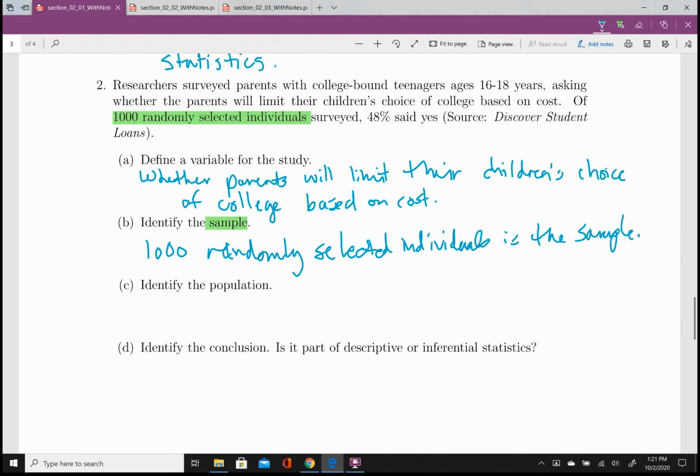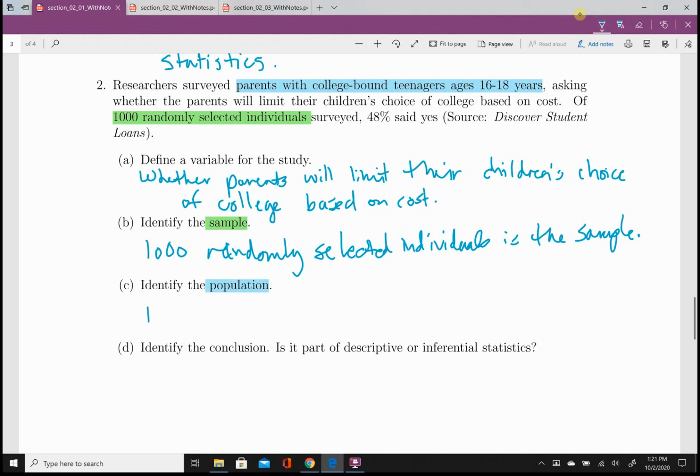The population is going to be all parents with college-bound teenagers. I'll go ahead and highlight that as well. Yep. Oh, let's do this so we can highlight it there.